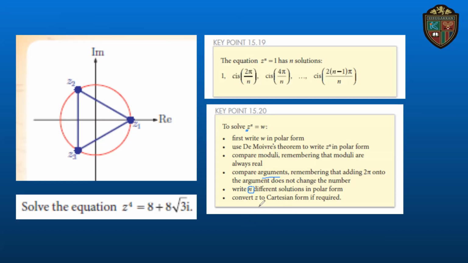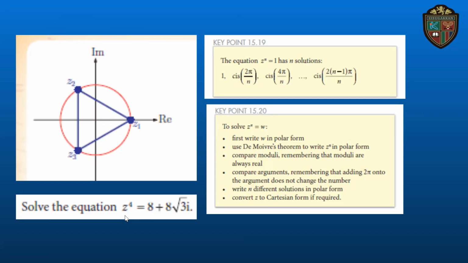If you are required to present your cis theta result in Cartesian form, then you have to do the conversion, the same as what I have shown in the example. So for this one, you can use this practice. This is what I've shown already, an example previously on how to do this.